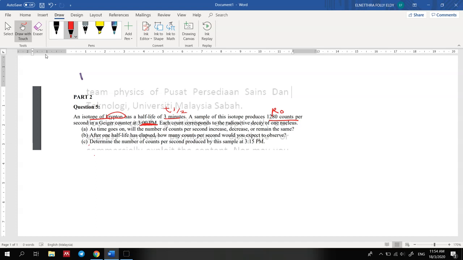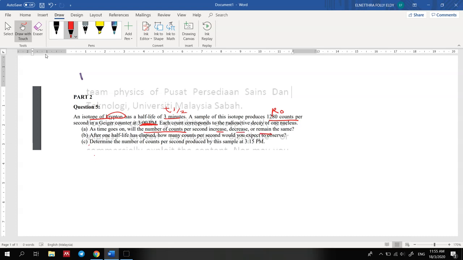1280. So it has a half-life of 3 minutes. After 3 minutes, the activity of this krypton is supposed to be half of 1280. So the first question asks you to determine whether the number of counts per second will be increased, decreased, or remain the same.